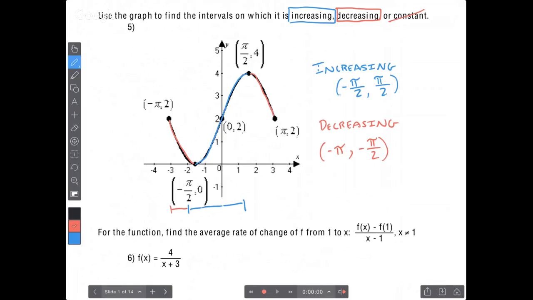And then it's also decreasing, union, also, from pi over 2 to pi. That stretch. Cool?